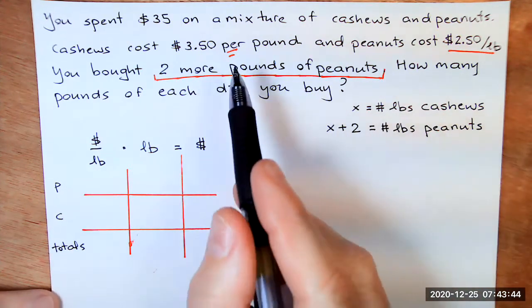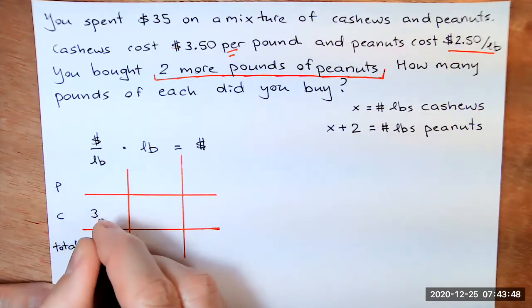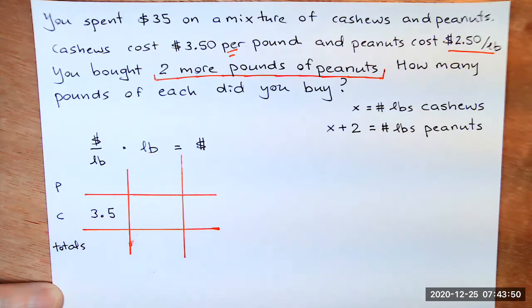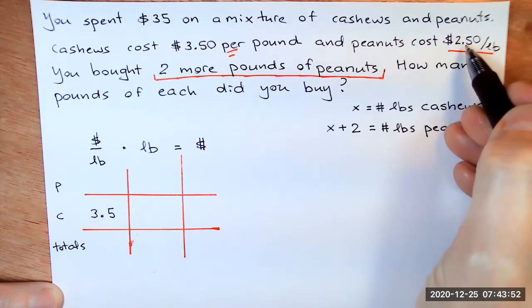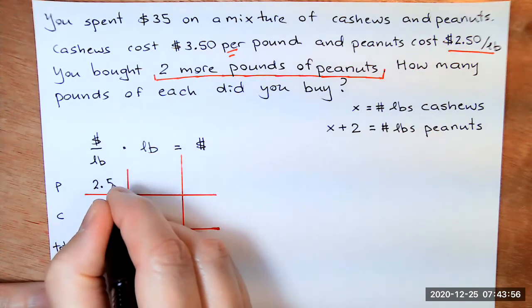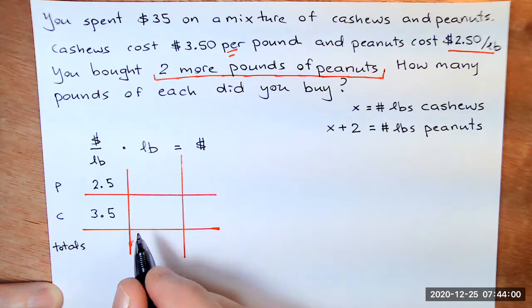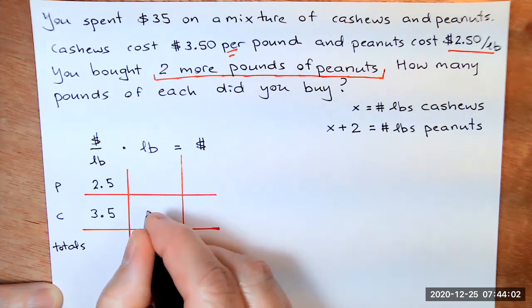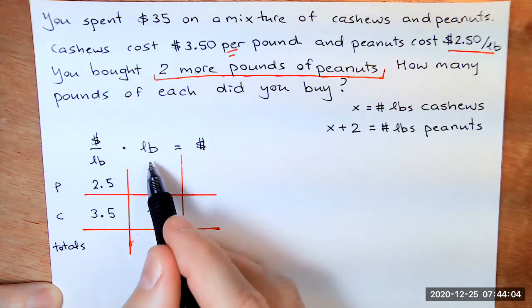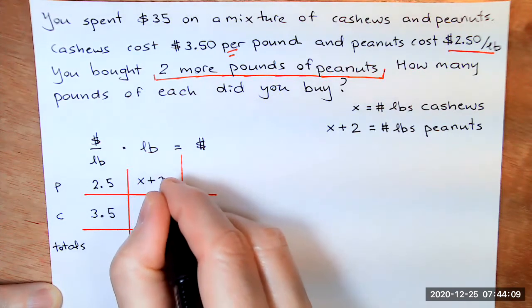All right, so I know the dollars per pound for cashews. I'll put that in the dollars per pound column. The dollars per pound for peanuts goes in that column. And then the number of pounds of cashews is X. Number of pounds of peanuts is X plus 2.